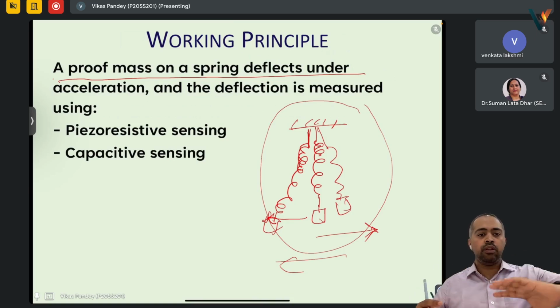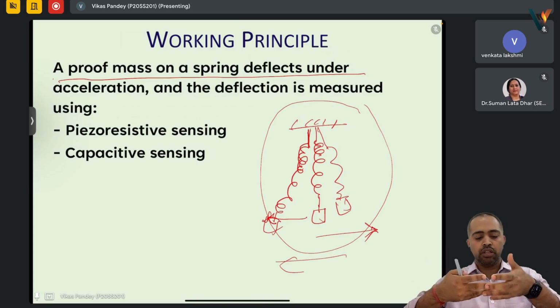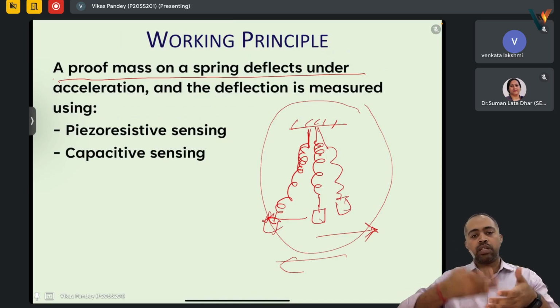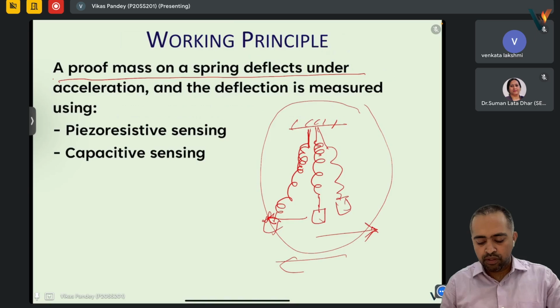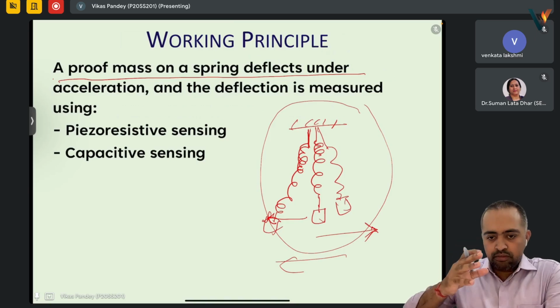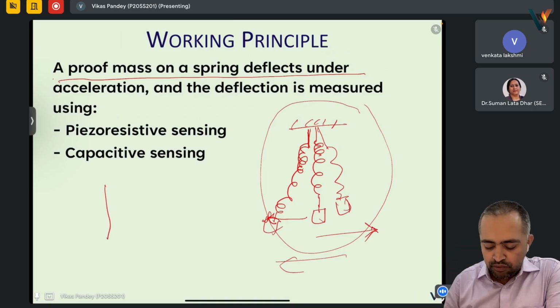One comb is fixed, the other comb is moving in between. When it moves due to acceleration or deceleration, this movement will change the distance. So let's make an enlarged view. Say this is a fixed comb structure.